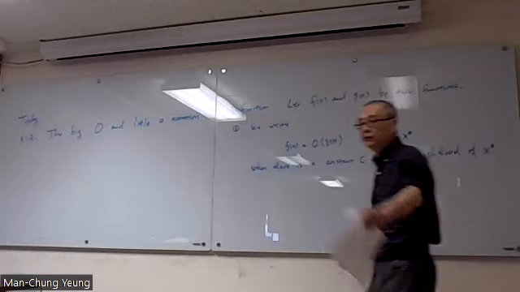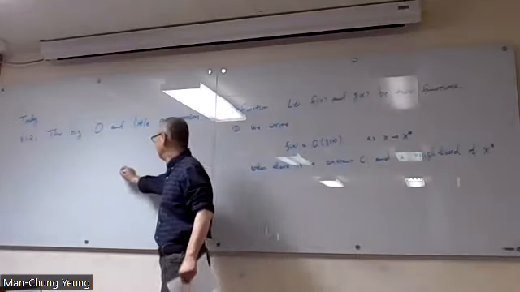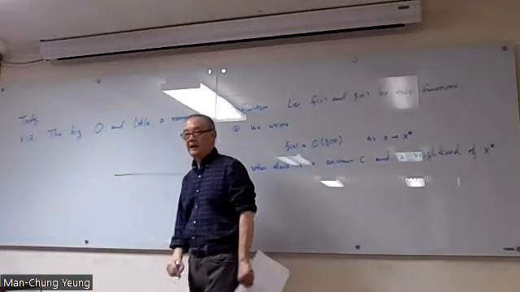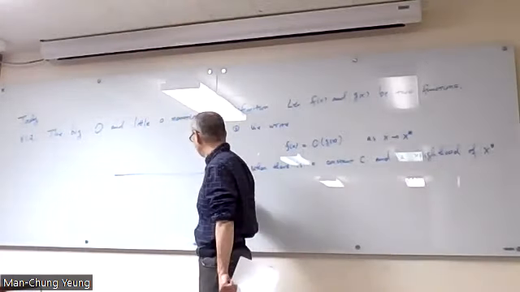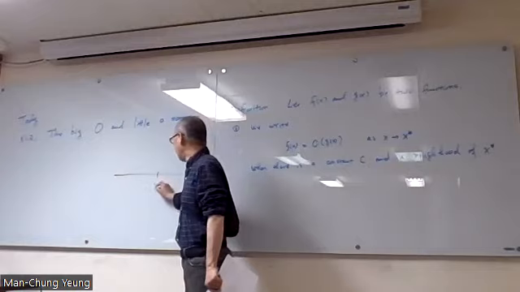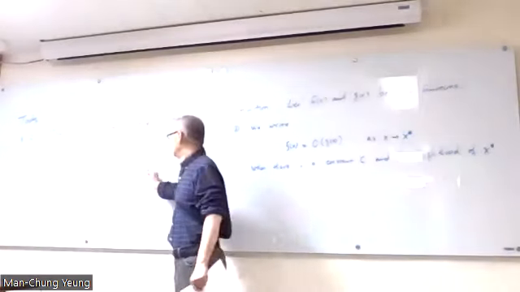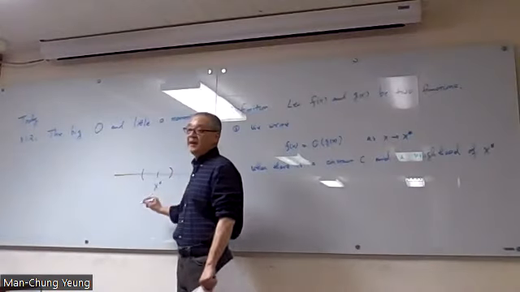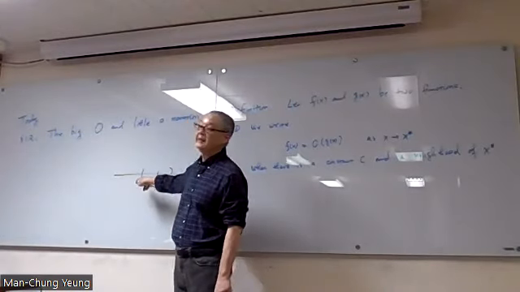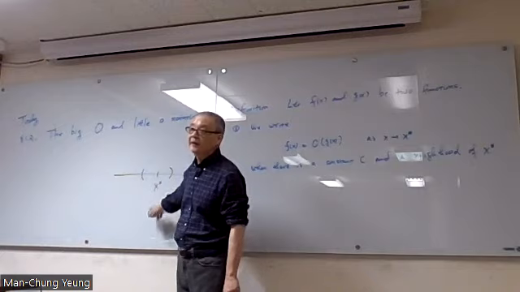What does a neighborhood of x star mean? This is a number, say 9, and 9 is x star here. A neighborhood means some interval that contains this point.